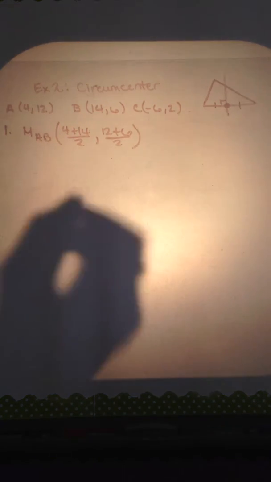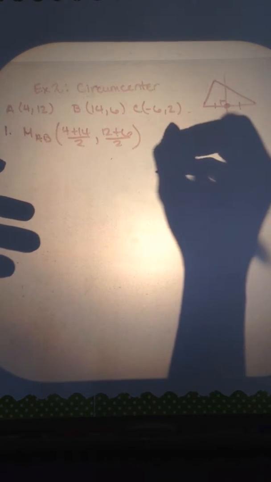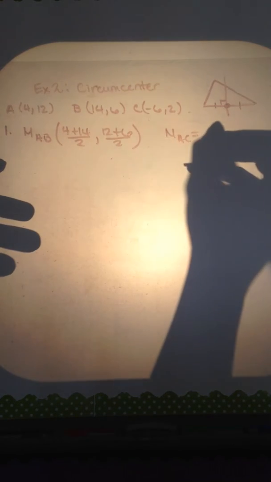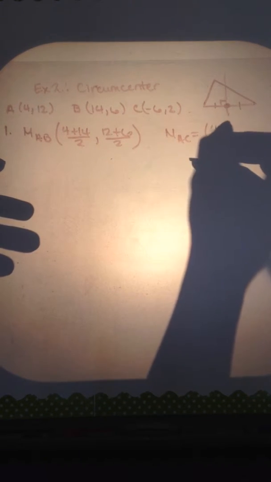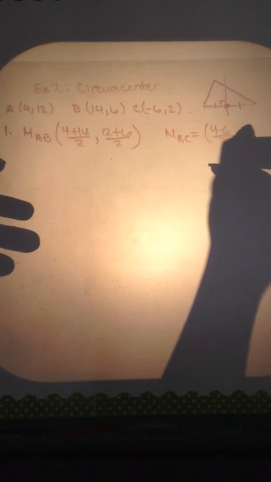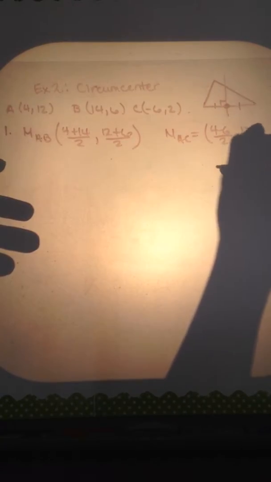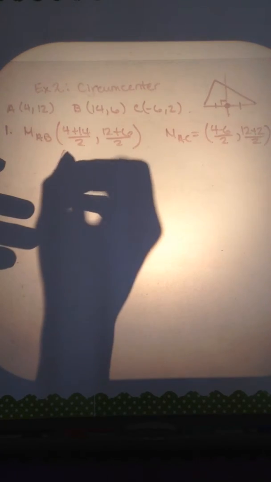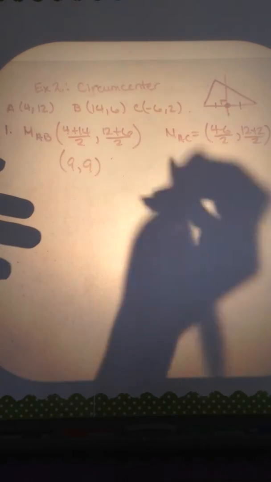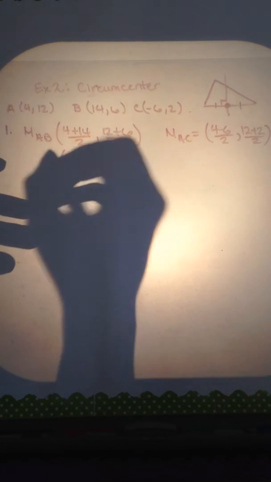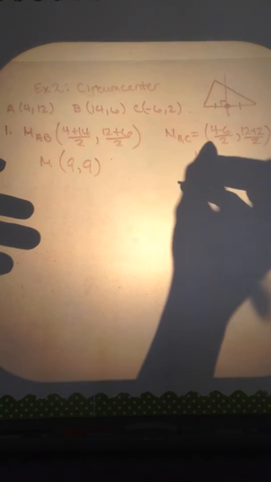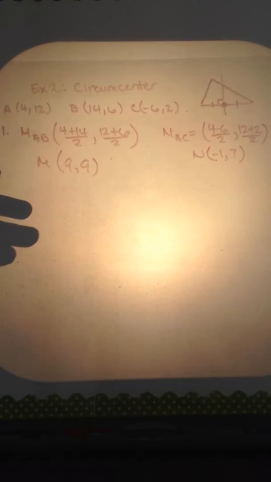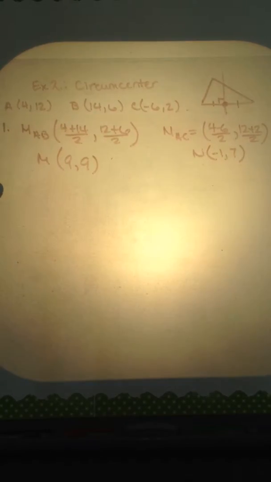And then for the midpoint of AC, which I'll call N, we'll do 4 minus 6 over 2 and 12 plus 2 over 2. This one will reduce to 9, 9, or 18 over 2. And this one will reduce to negative 1, 7. Negative 2 over 2 and 14 over 2.